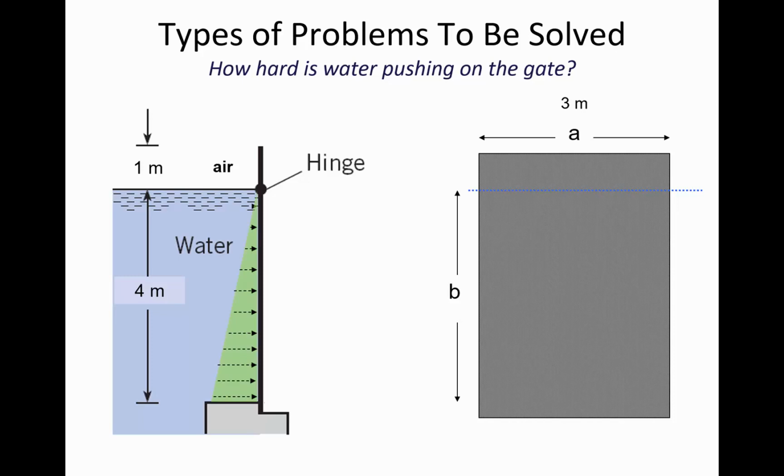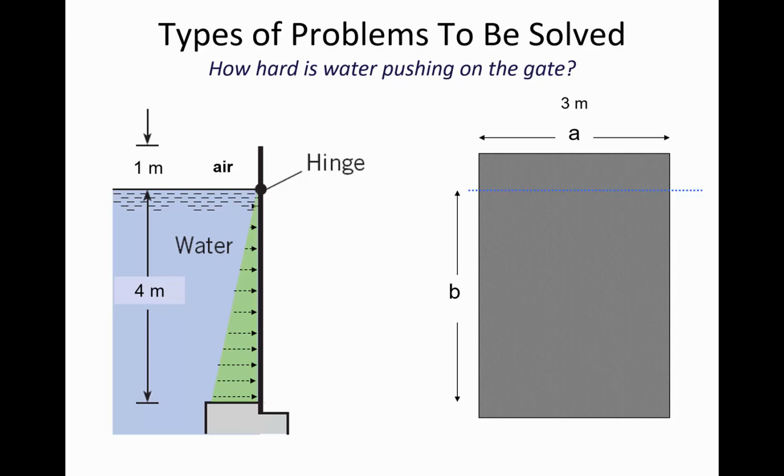Now this is showing the linear increase in pressure. And so you can see that there is a triangular shape here, shaded in green. And the reason why that's a triangular shape is this is showing the pressure as we go down through the fluid. And so when the air and water are in contact with each other, then that means that the water has the same pressure as the air at the interface.